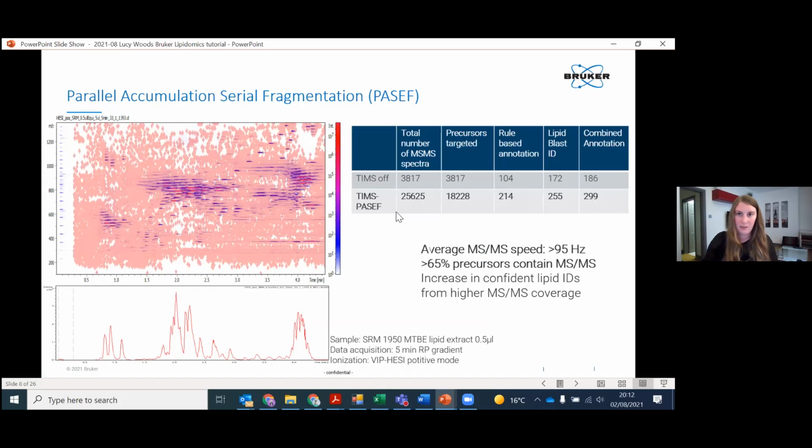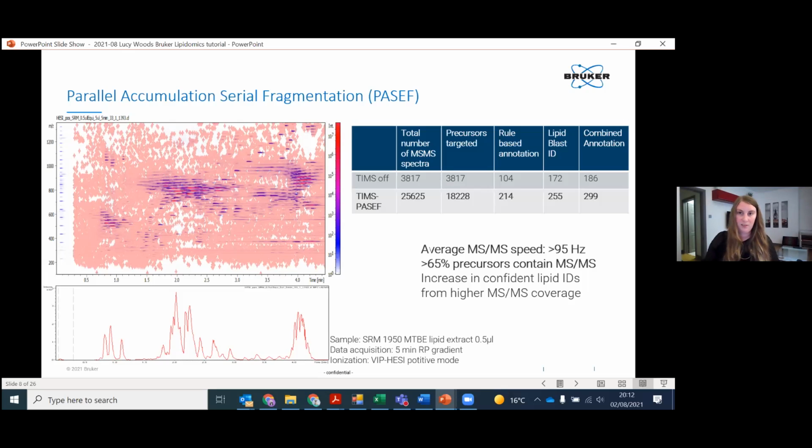If you look at the table on the right here, you can see the number of MSMS spectra acquired if you ran a standard QTOF injection, labeled as TIMS off, or a TIMS PASSIV run where we have this methodology to increase our MSMS coverage.